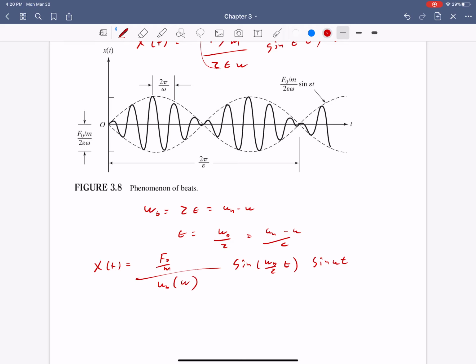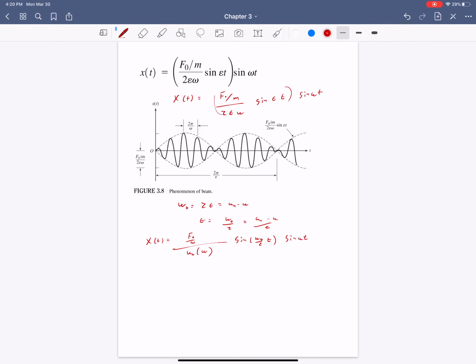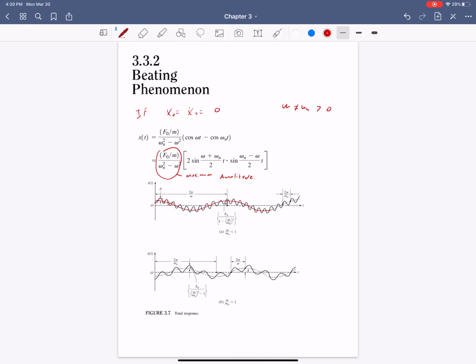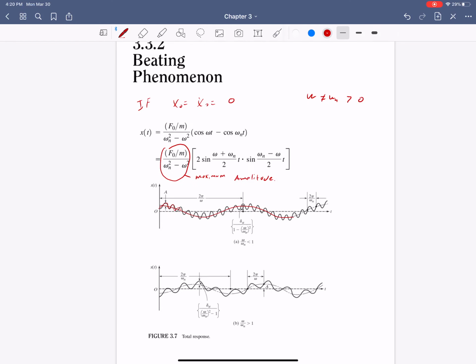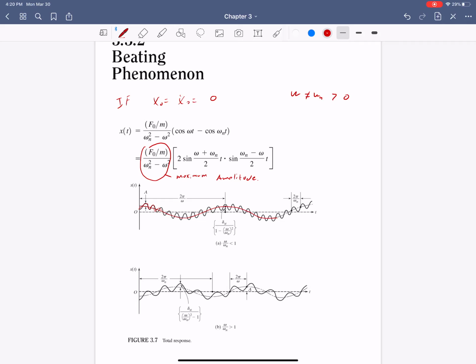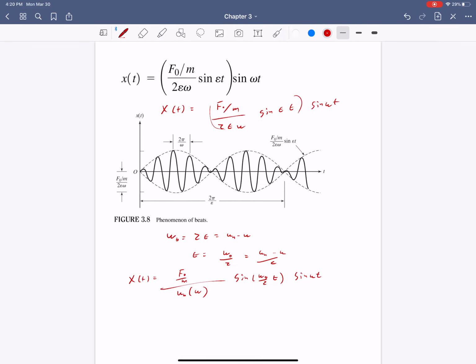So there's your total, there's your system again, okay? Now, is that the homogeneous, the beating phenomena? So this should all have a subscript p on them, xp of t. Thank you, book, for being lazy. That's, of course, the particular solution and doesn't include the initial steady state.